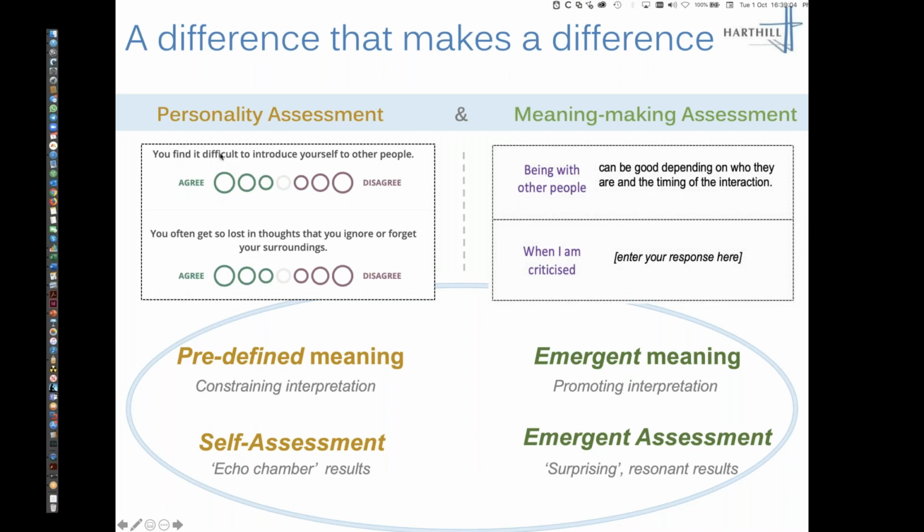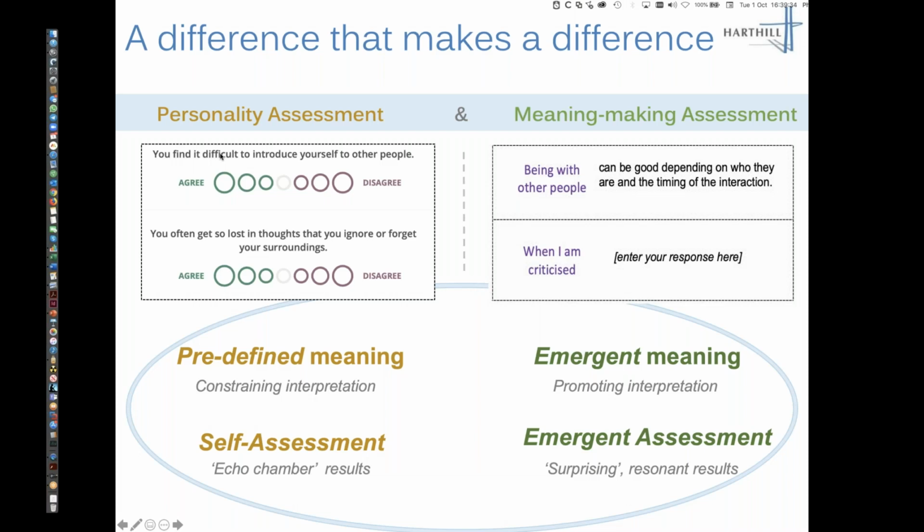And effectively what that does is it allows you to say what you already think about yourself. In that sense, the design of those forms and those tools is to reduce as much as possible the differences in the way people interpret the questions. So you want to standardize everything as much as possible. And as a consequence, of course, they can be computer generated and you get the readout at the end.